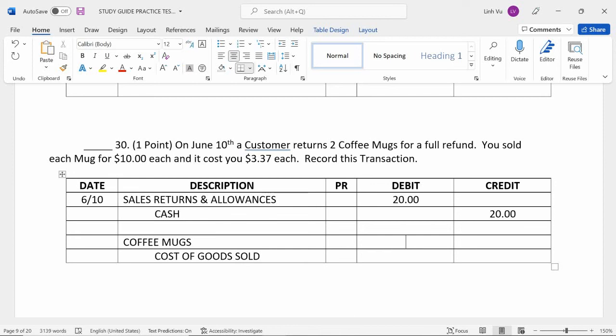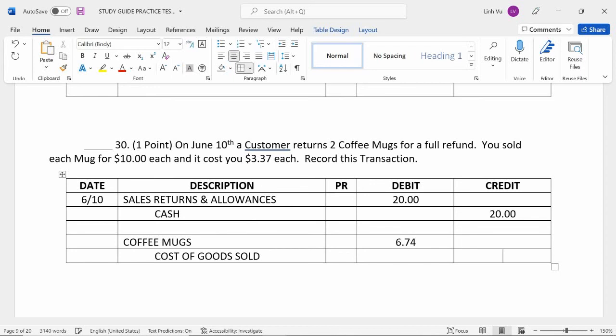Now, if it cost me $3.37 and they're returning 2 of them, how much am I going to be putting back into my inventory? $4.70. Not $4.70. Oh, it's not the same price. Okay. $6.74.